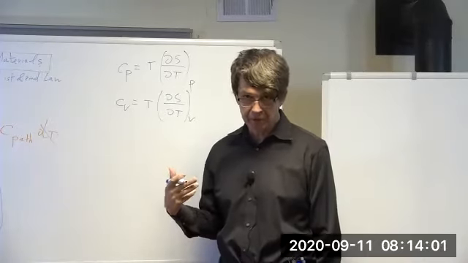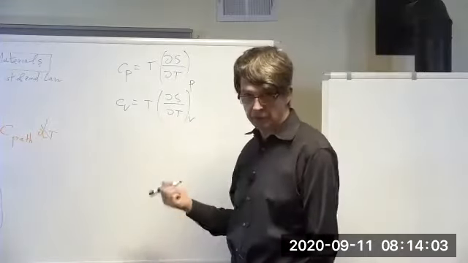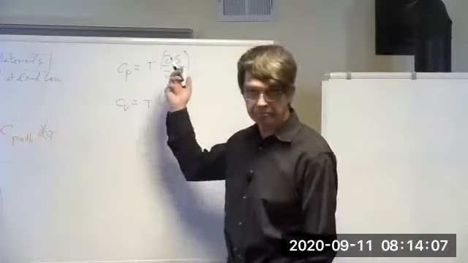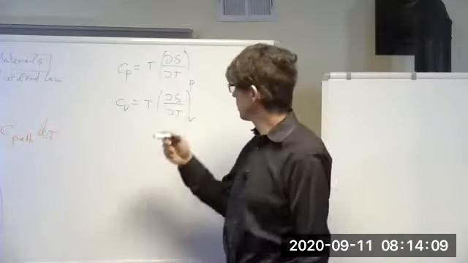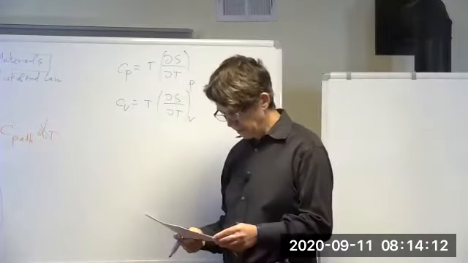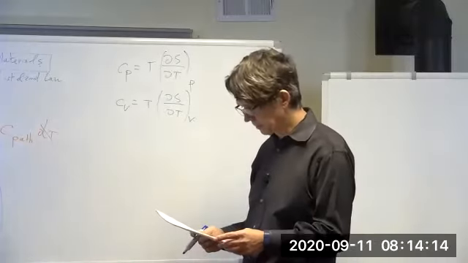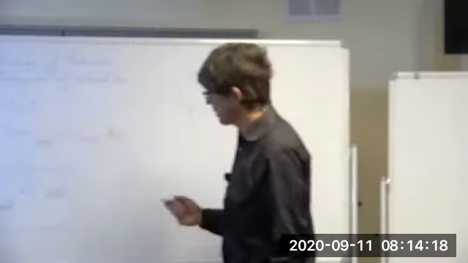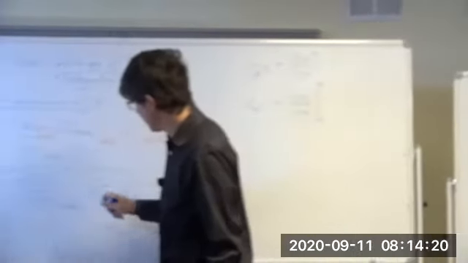So to specify a path, you need more constraints. If we had a magnetic system, we could have a heat capacity under constant magnetization, and then we would take the derivative of the entropy under constant magnetization.